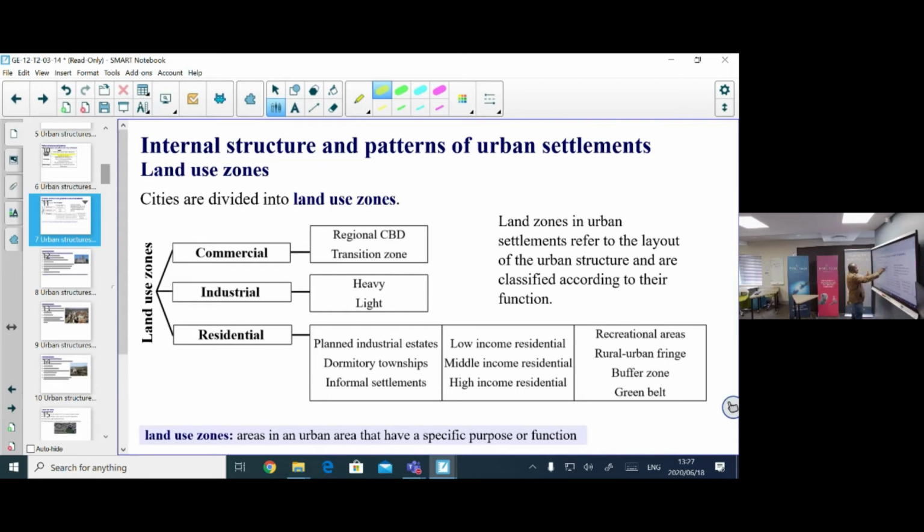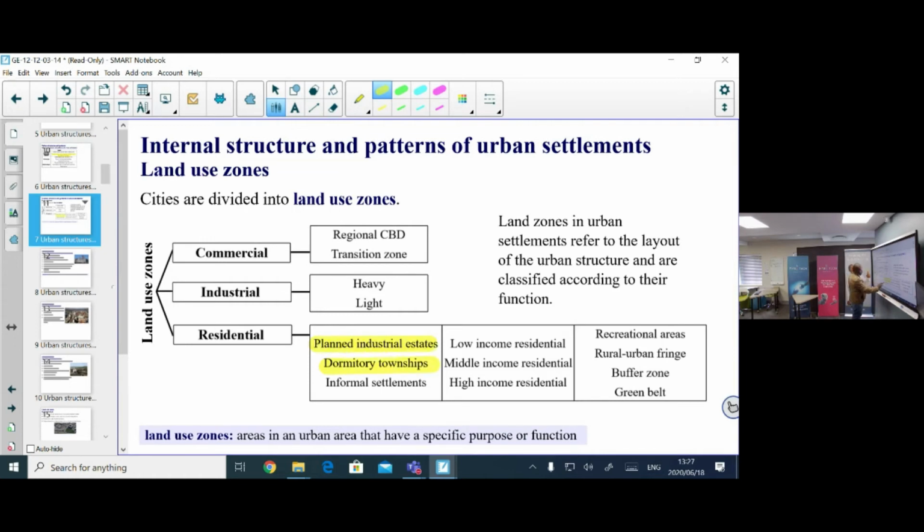Then we have the transition zone. Land zones in urban settlements refer to the layout of the urban structure and are classified according to their function. In industrial, we have heavy and light industries.